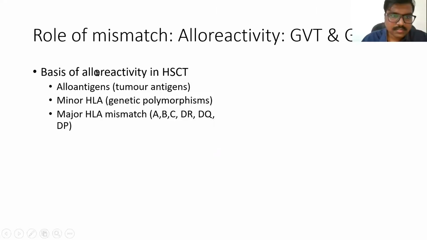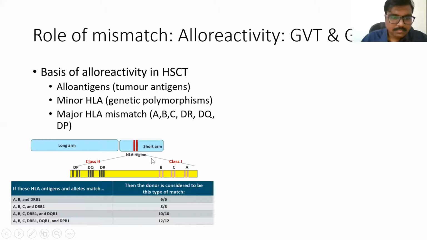So the basis for alloreactivity in stem cell transplant is the expression of unique antigens by the recipient cells, which can be in the form of tumor antigens, or two different individuals have different proteins on their cells because of genetic polymorphism. This is considered a minor HLA mismatch, and major HLA mismatch is because of the HLA molecules expressed on all the cells.